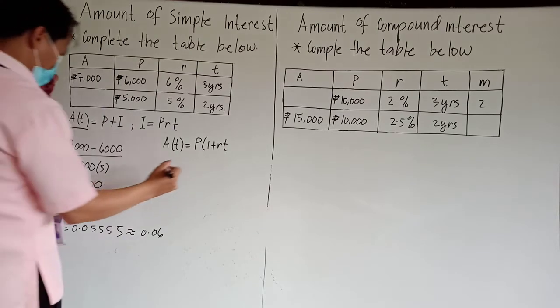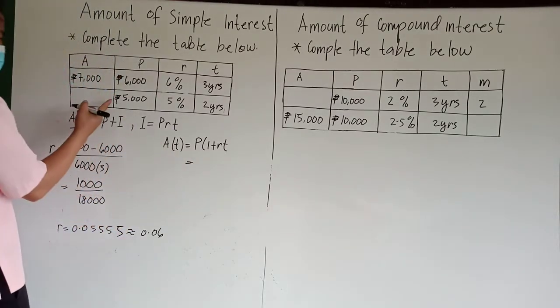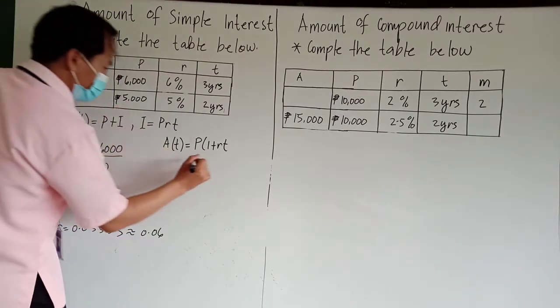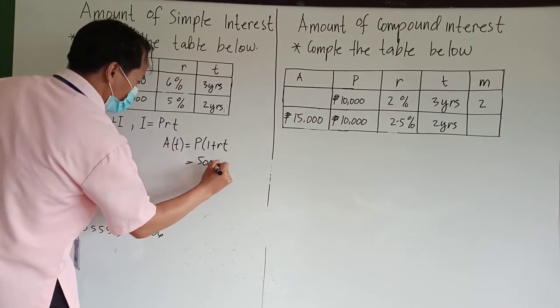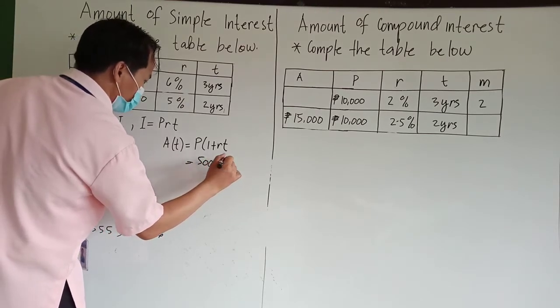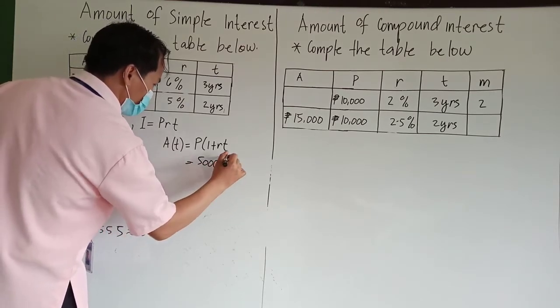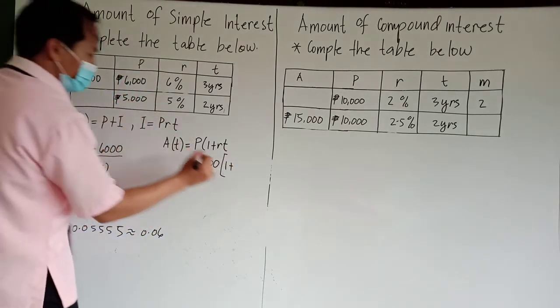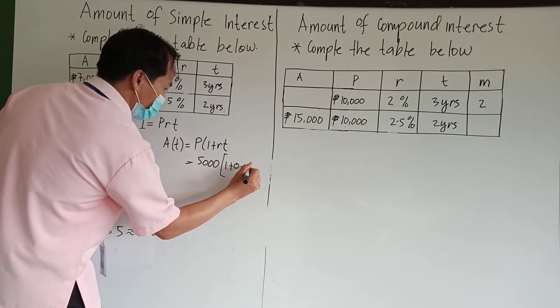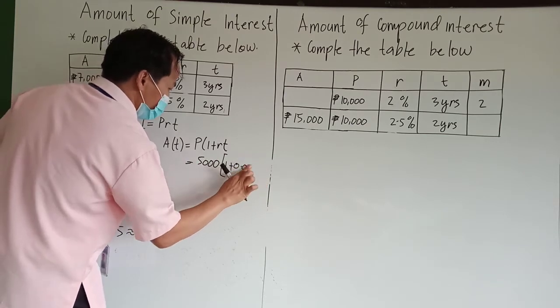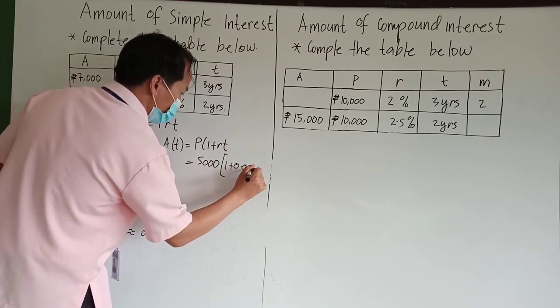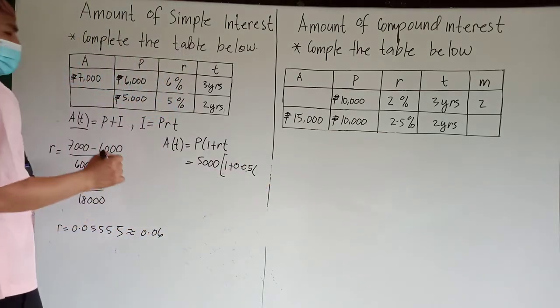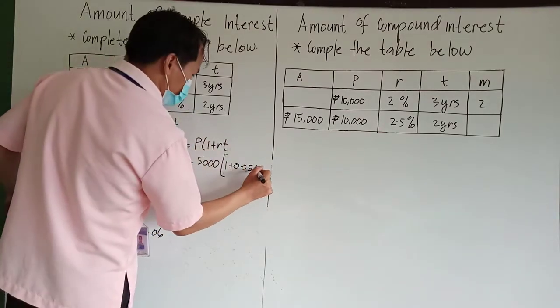Again, our principal is given: we have 5,000 times the quantity 1 plus the rate, which is 5%, that is 0.05, times 2 years as our time.